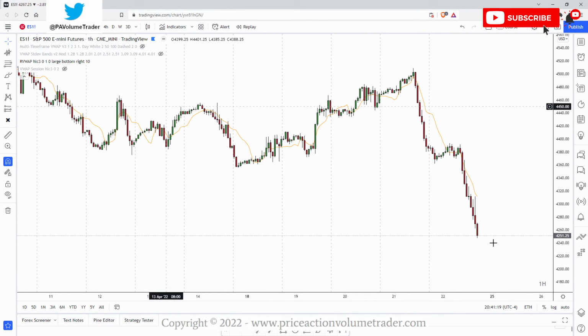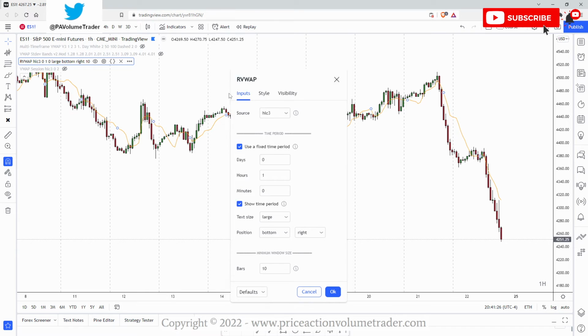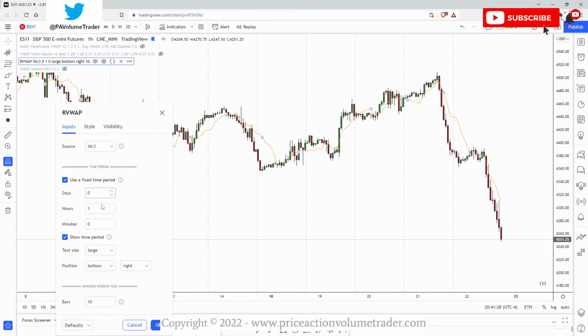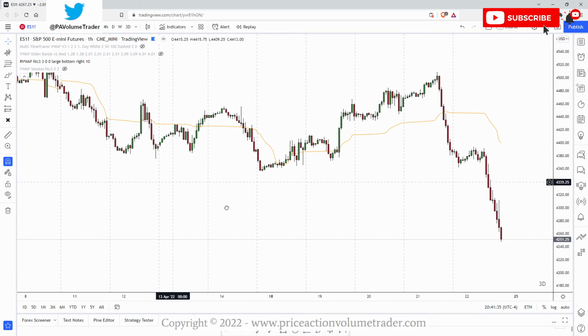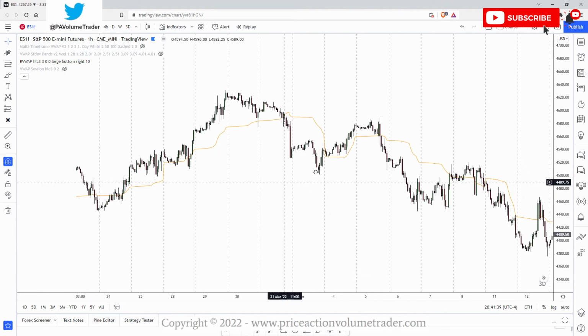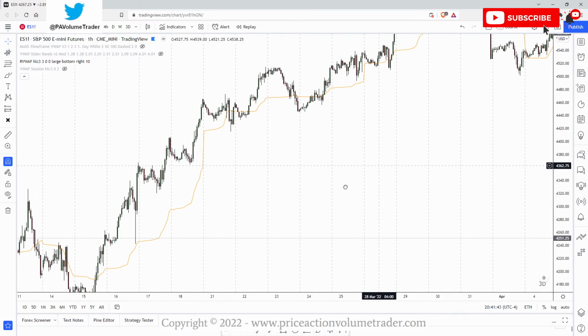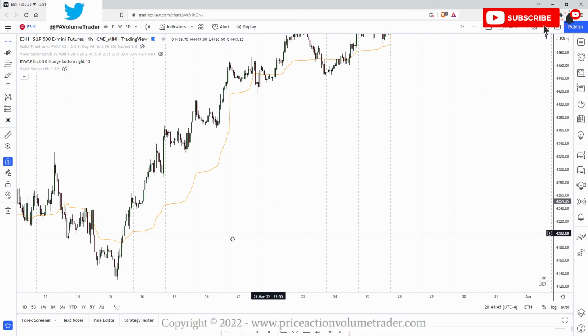And so you can see here how it says this is a 1 hour rolling VWAP, but here you can just change it to whatever you want. Let's say you want a 3-day VWAP. You just put that and basically you're getting a VWAP similar to a moving average that is continuous across the entire chart.